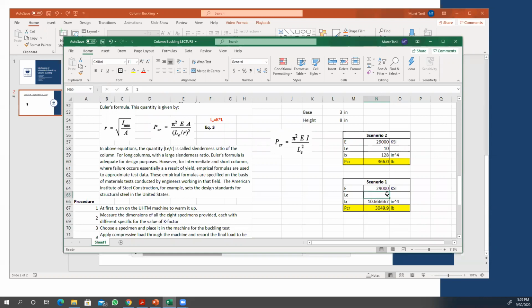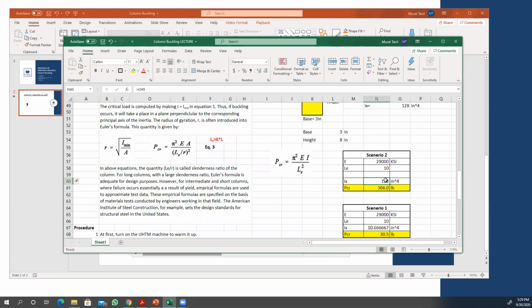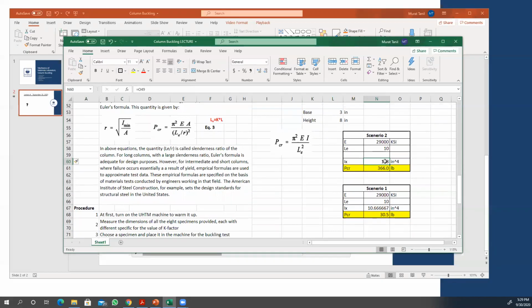In this scenario, let's make both 10. And I'm gonna add one more thing right here. Compare scenario 1 and scenario 2. In these scenarios, I'm gonna keep the moment of inertia the same.